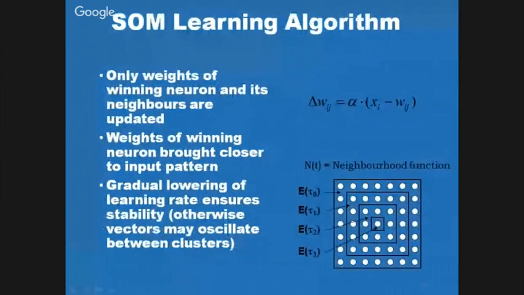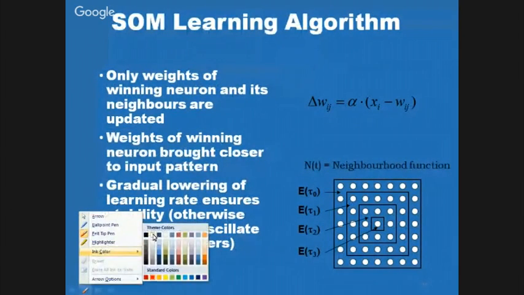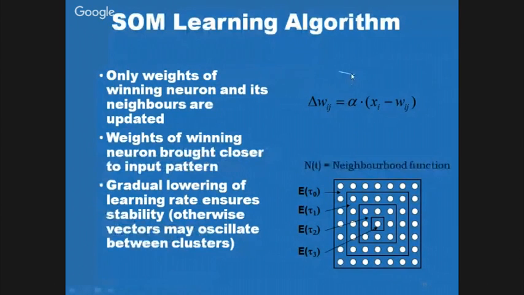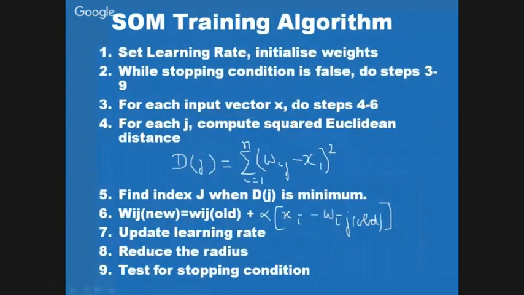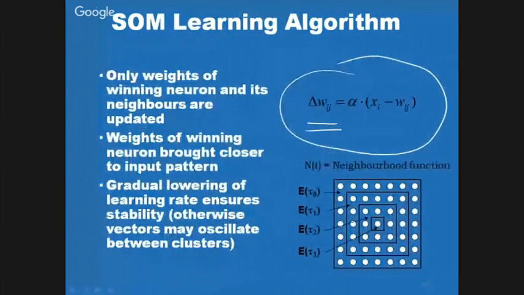You can find here also, let me just change the ink color. So you will find that this is also the Euclidean delta W, and here we will find the Euclidean distance only. Only weights of the winning neuron and its neighbors are updated. I will just explain what you mean by this.